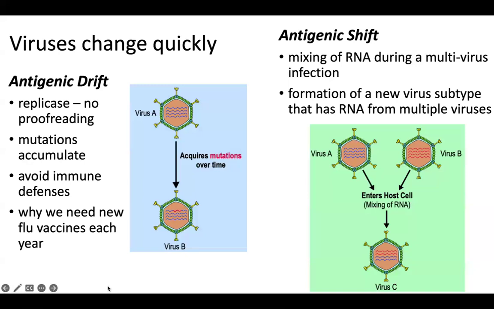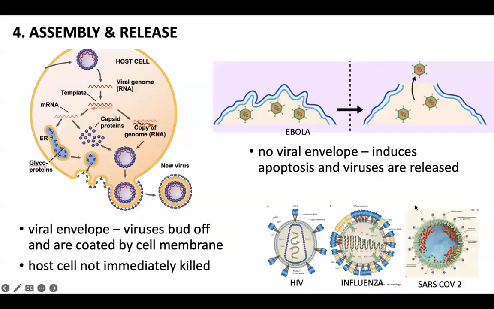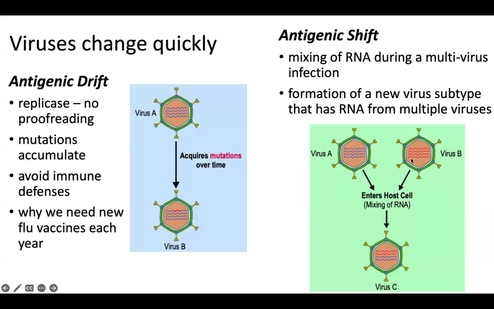Another way for viruses to change is through antigenic shift. And so this is essentially mixing of DNA during a multivirus infection. So if a host is infected by multiple virus types at the same time, those bits of RNA that are inside that cell can end up mixing up with each other.